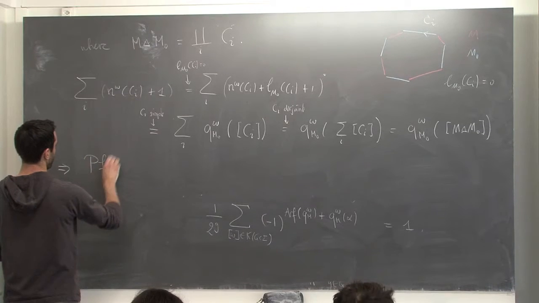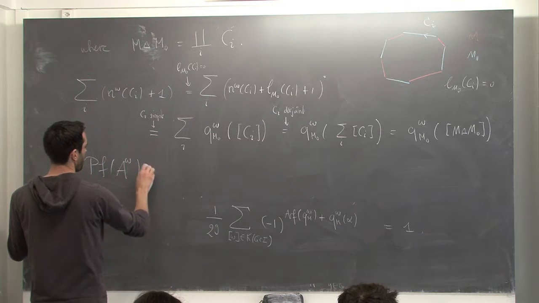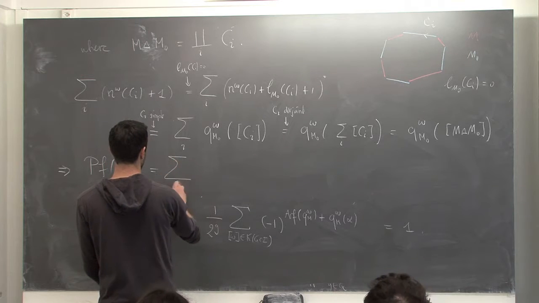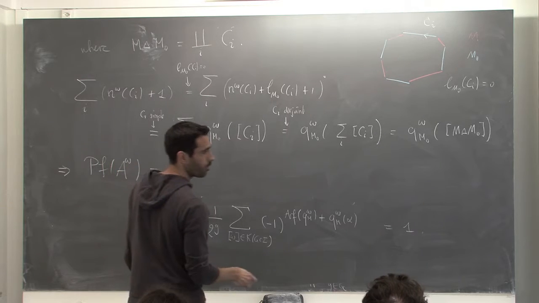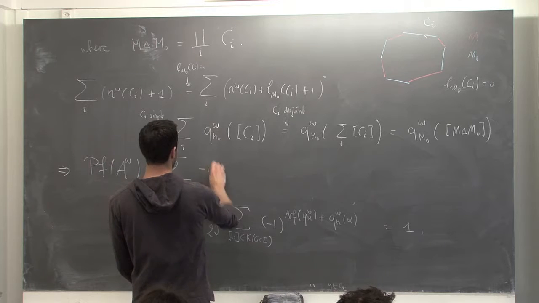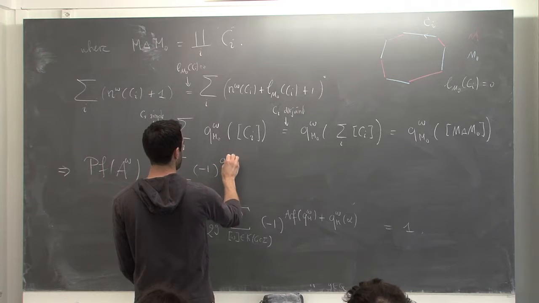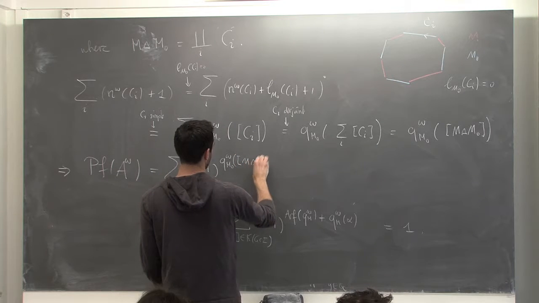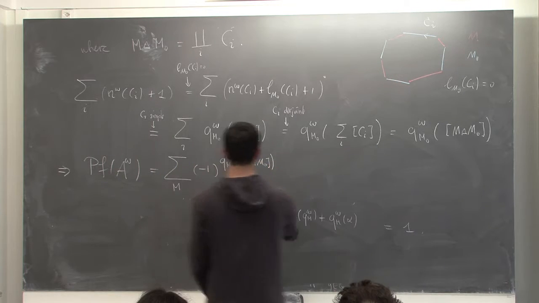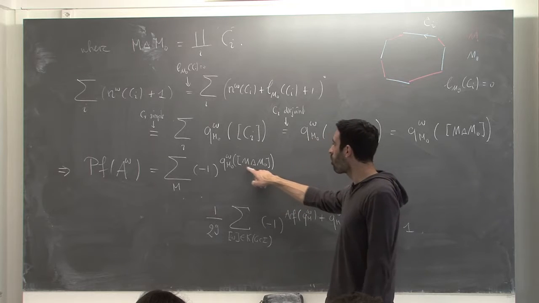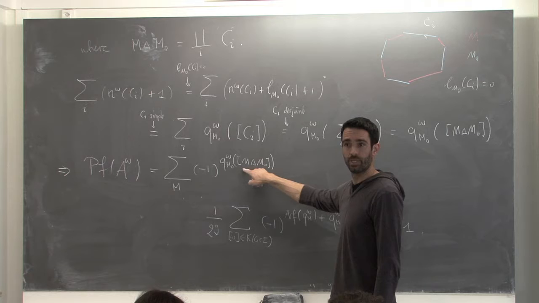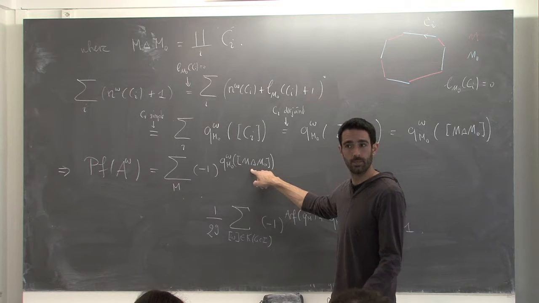I get that the Pfaffian of A omega is equal to a sum over M, and I have this sign, but this sign actually, and this is the whole point, only depends on the homology class of the symmetric difference of M with this fixed M0.